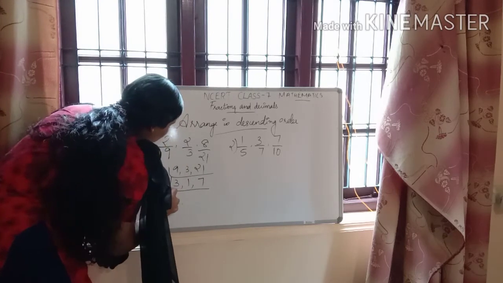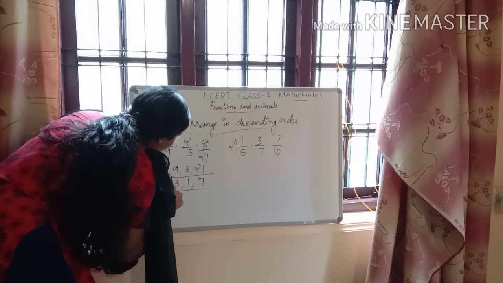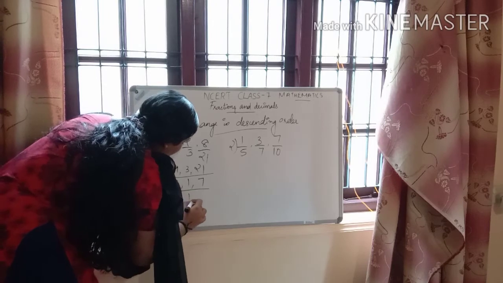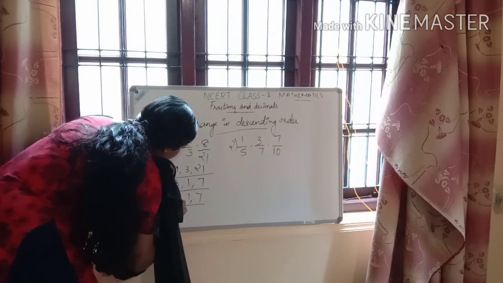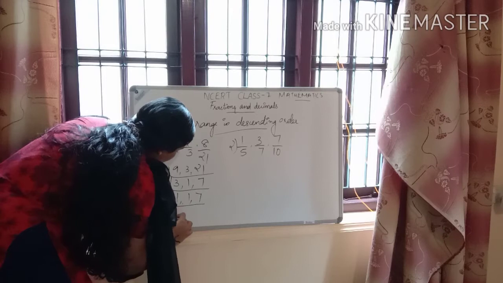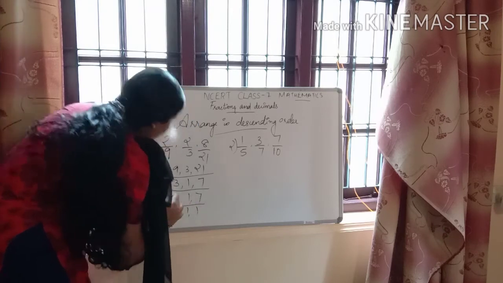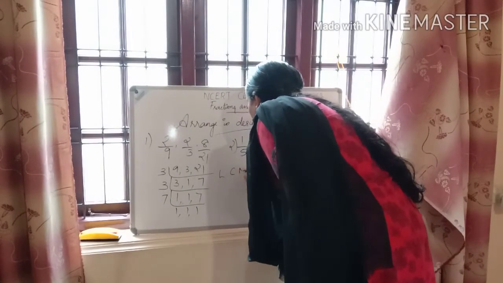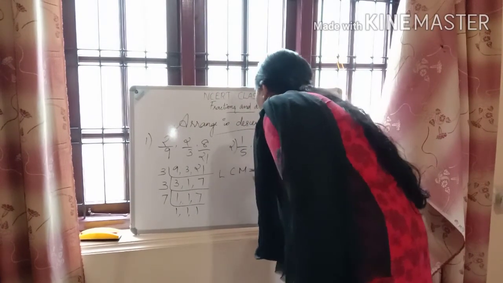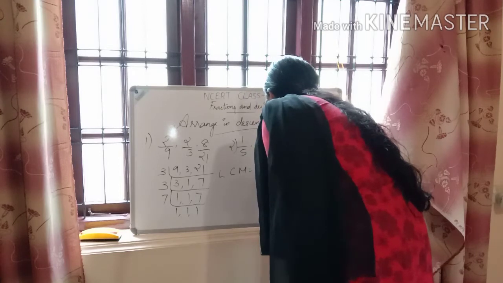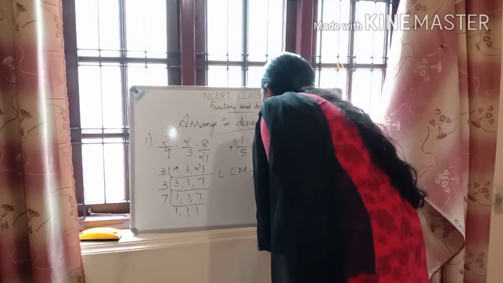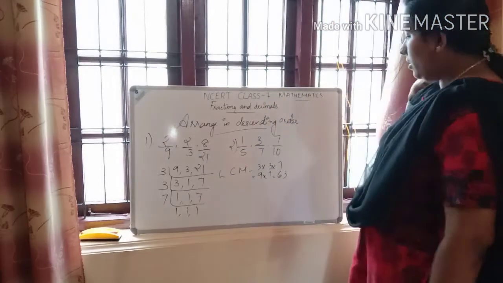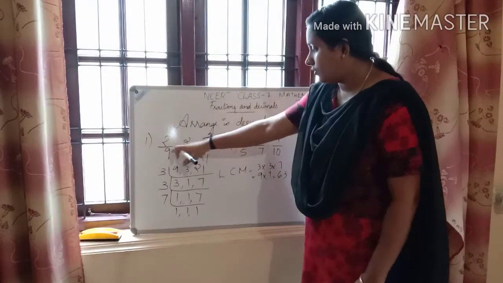Here there is no common factor, so we can take 3, 1, 1, 7, and then 1, 1, 1, 1. So the LCM is 3 into 3 into 7, 9 into 7. That is 63. 63 is the LCM for this question.